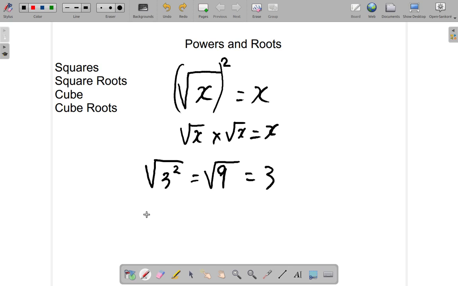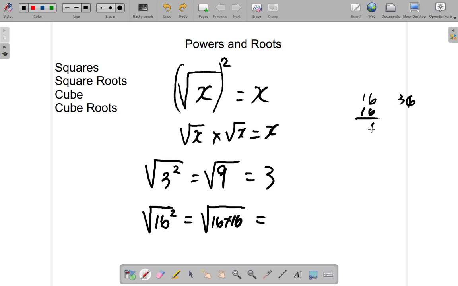Now, suppose you say the square root of 16 squared. What this is, is the square root of 16 by 16, right? What is 16 by 16? 6 times 6 is 36. Bring down the 6, carry 3. 6 times 1 is 6, plus 3 is 9. Then 16 times 10 gives 160.